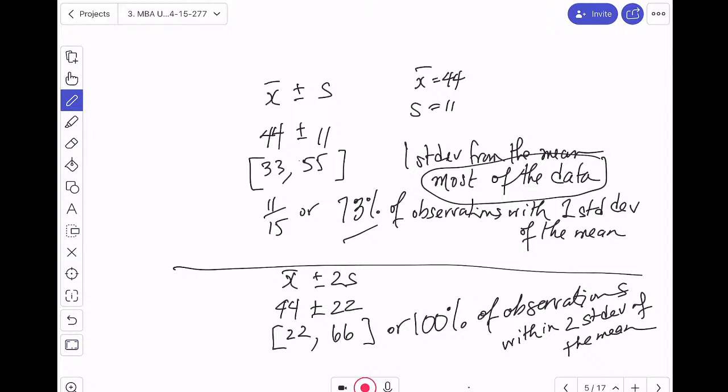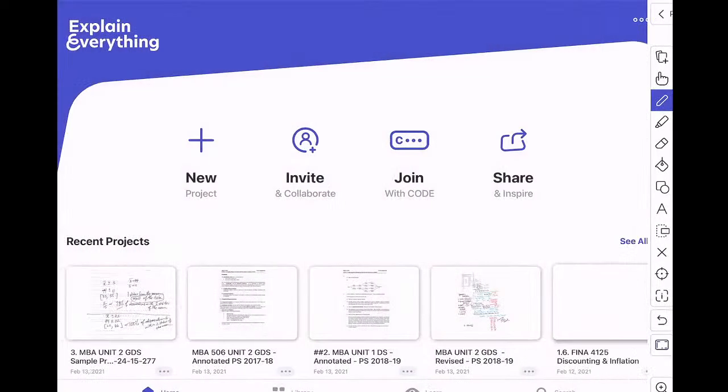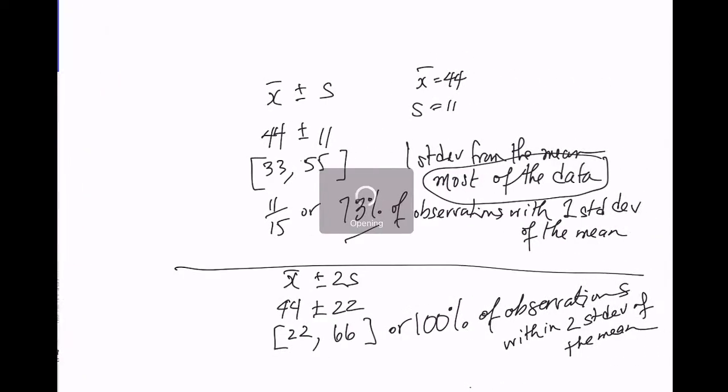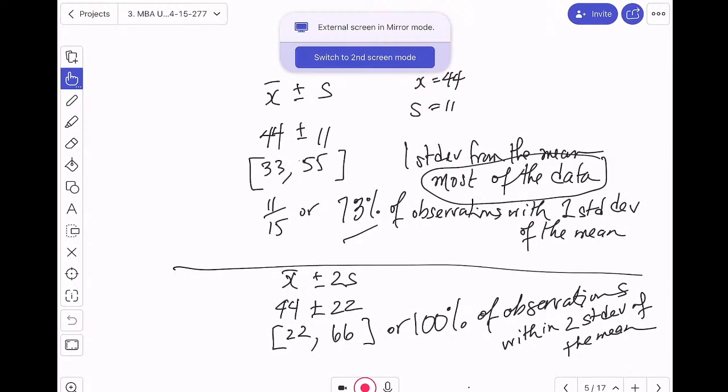The reason we're doing this, and we didn't do this before, is because these data are symmetric. So take a screenshot.